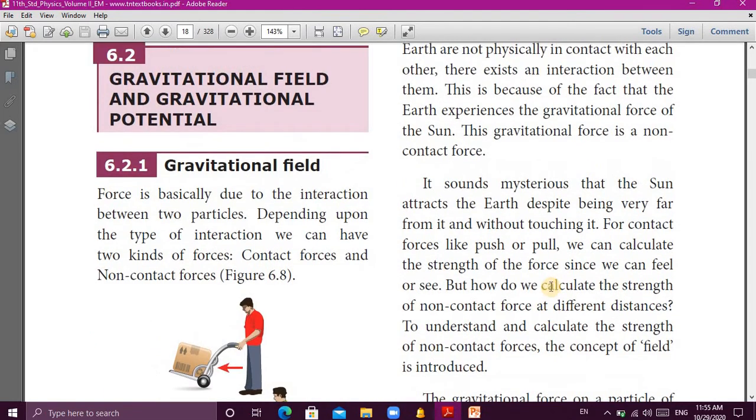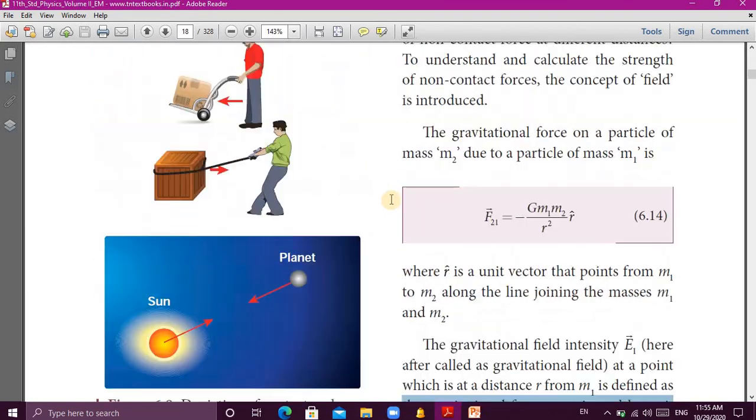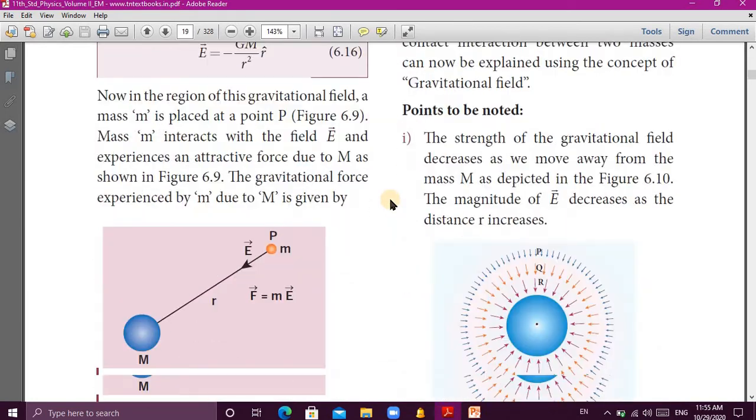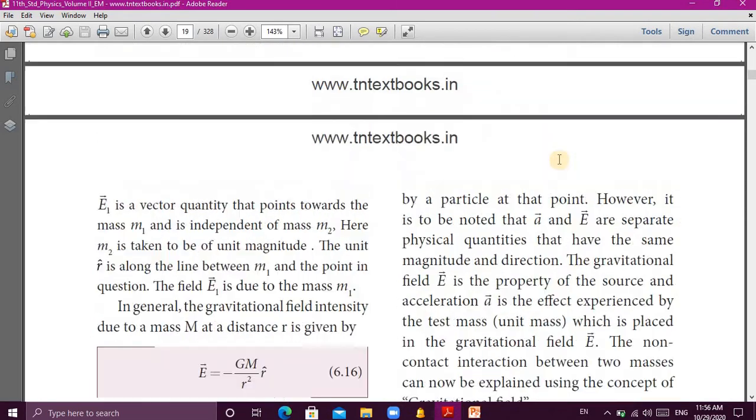Simply said, the gravitational force occupying the surrounding area of the earth is nothing but the gravitational field. This diagram clearly explains the gravitational field, because the lines of force acting around the surface of the earth are nothing but the gravitational field.